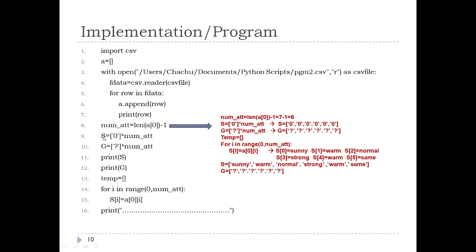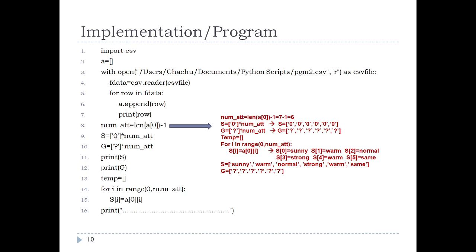Next we will be initializing the specific hypothesis and the general hypothesis. In the specific hypothesis we'll set all 6 attribute values as 0, and in the general hypothesis we'll set all values as a question mark. Then we'll print S and G. So this will be the value in S and G. Then we'll create one list called temp to store the general hypotheses from each iteration.